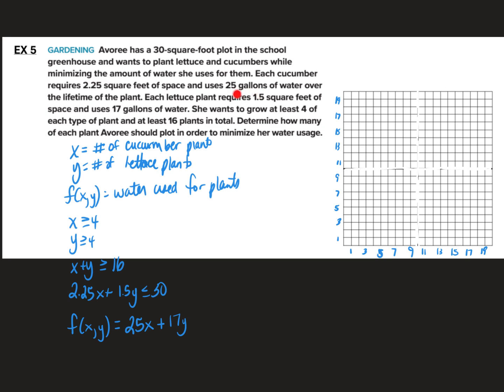It takes 25 gallons of water over the lifetime of a plant to water cucumber plants, and then it takes 17 gallons over the lifetime of the lettuce plant to water that. Next, I'm going to graph these inequalities that I have listed here. So I will pause and graph over here.